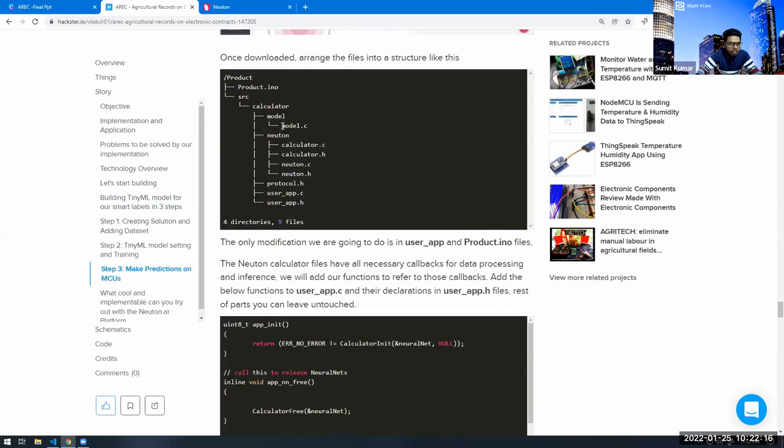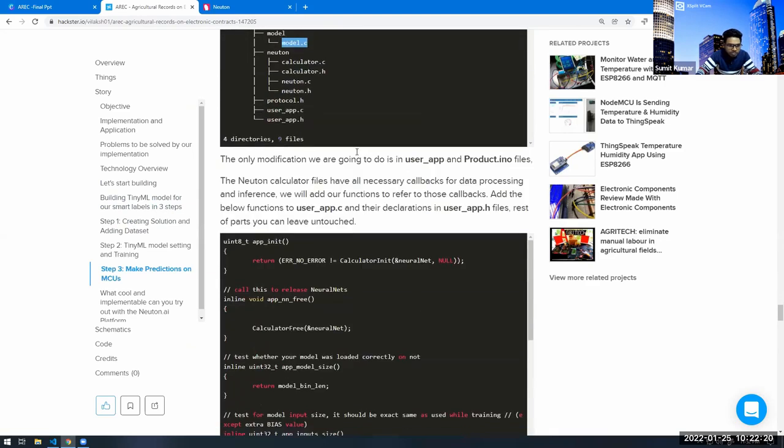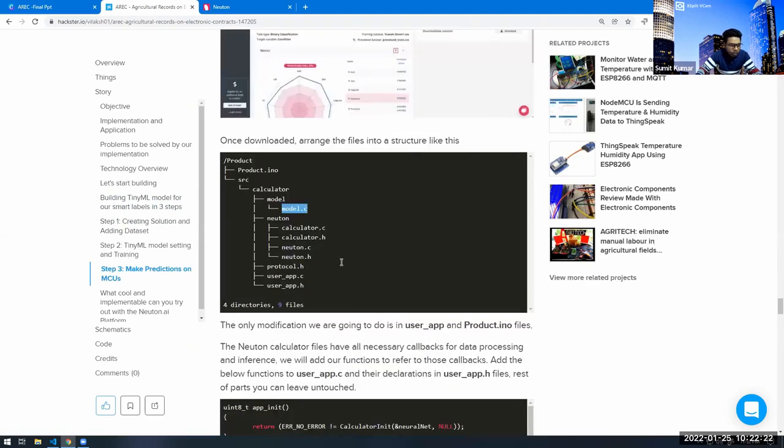So the model.c is actually the model file that is going to have your model memory and all those things. And these are the two important files that are performing calculation and all those memory crunching tasks. And there is the user app C and user app header, that is the callback file.